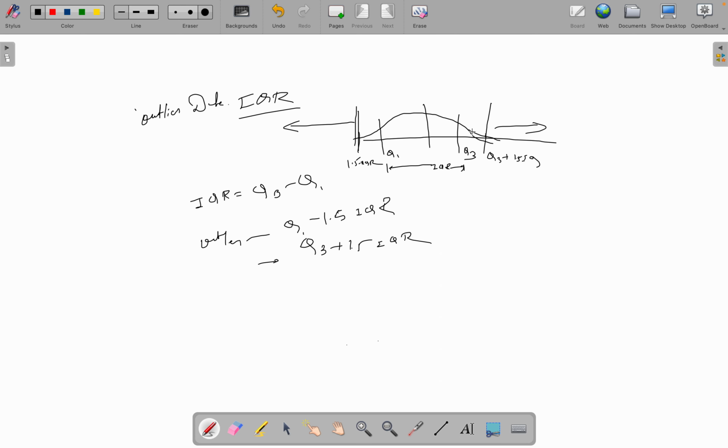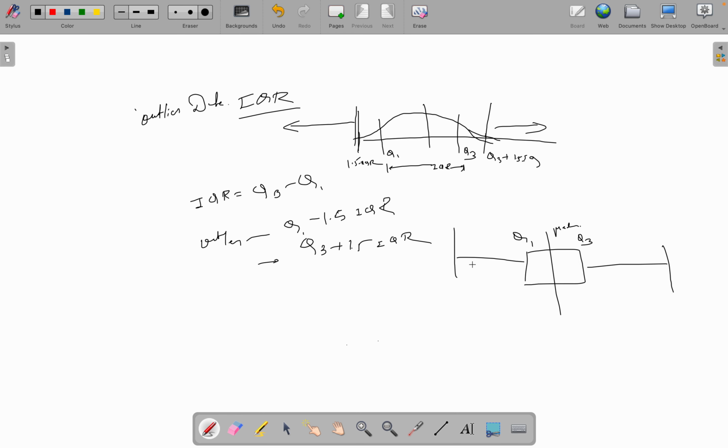So this is the technique we use for outlier detection, and the same thing we plot in the box plot also. So here will be your median, this is your Q3, this is your Q1.